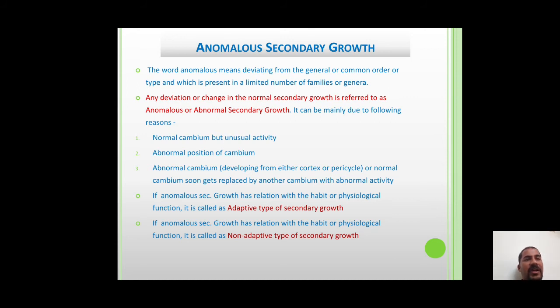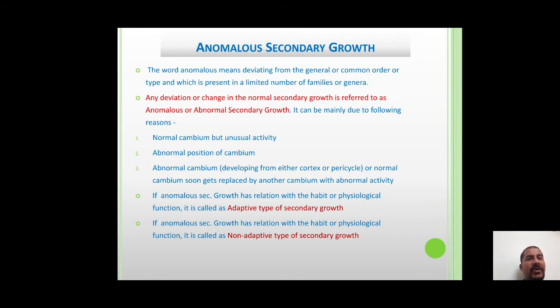That means anomalous means deviation from the normal type. Hence, we can define anomalous secondary growth as any deviation or change in the normal secondary growth, referred to as anomalous or abnormal secondary growth.